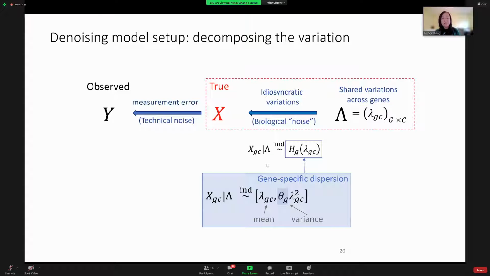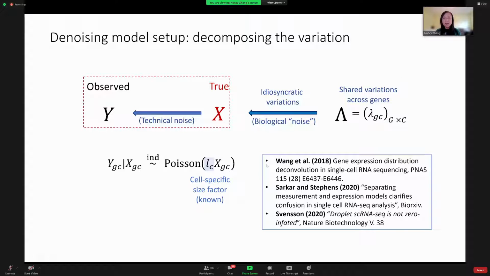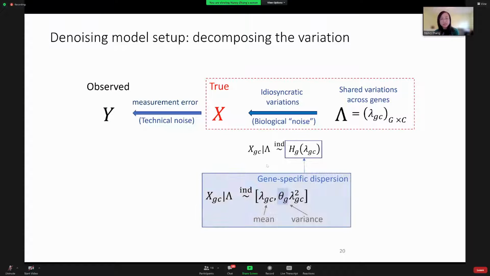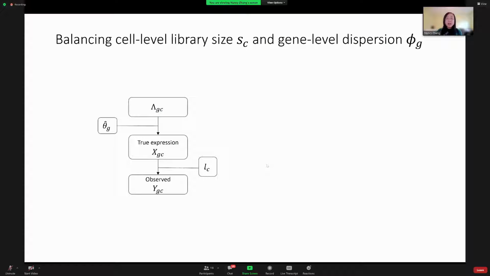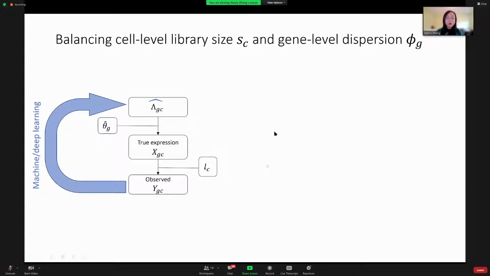So effectively, with this technical noise model, Poisson, or you can use other technical noise models, Poisson is easier, and this gene-specific dispersion gives you a very natural way of building an estimate out of your machine learning derived lambda hat. I haven't told you how we do this yet, but we're going to take the observed raw data, the noisy data Y_gc, and use an autoencoder to learn a representation lambda hat.